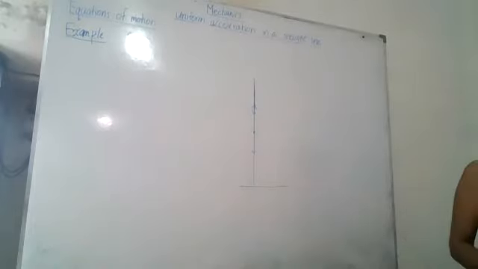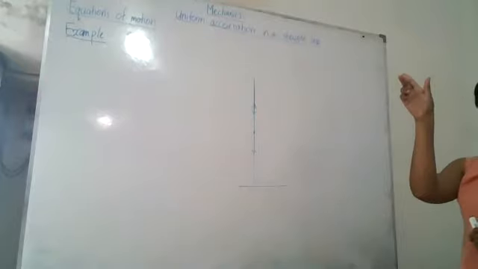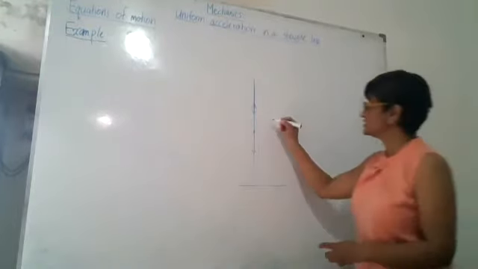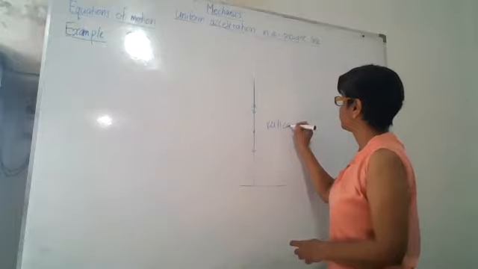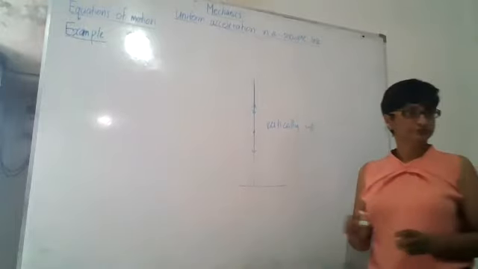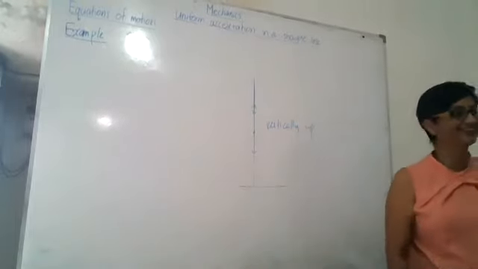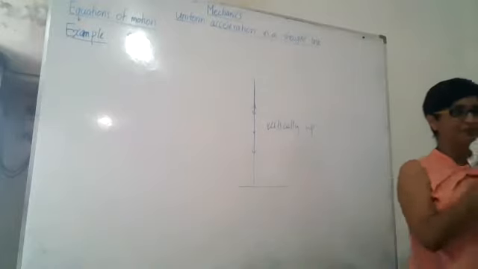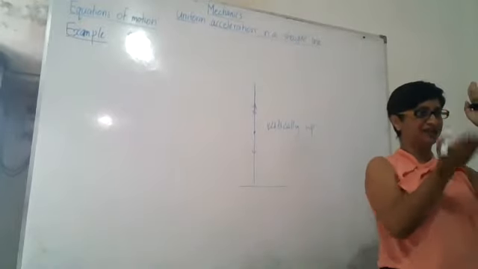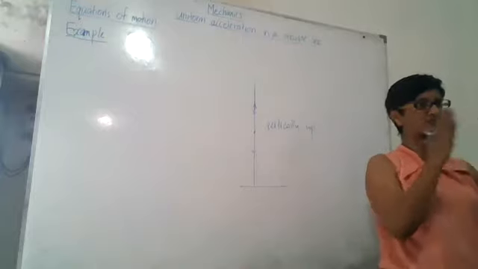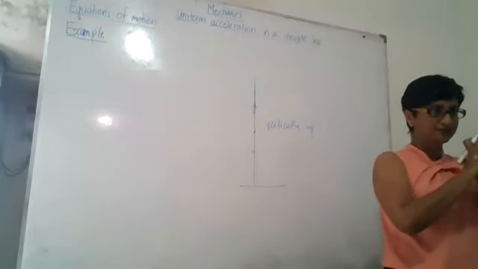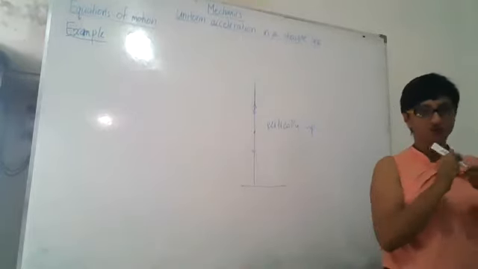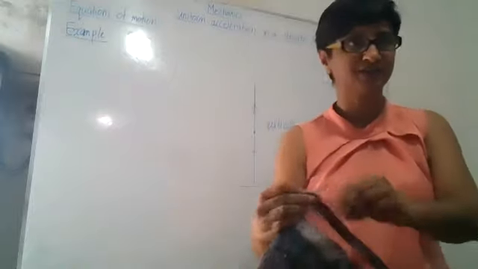Parabola is when you project or throw something at an angle, not vertically up. Vertically up means the angle between the vertical and your direction of throw is 0. No angle.